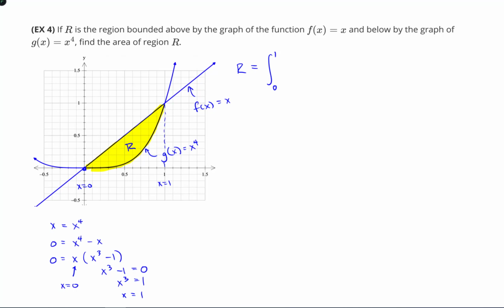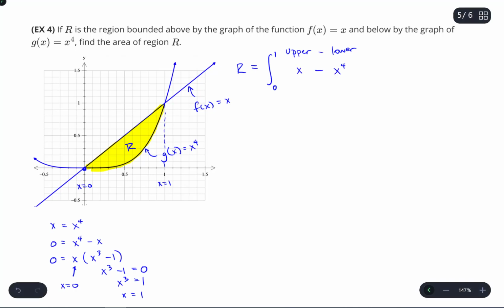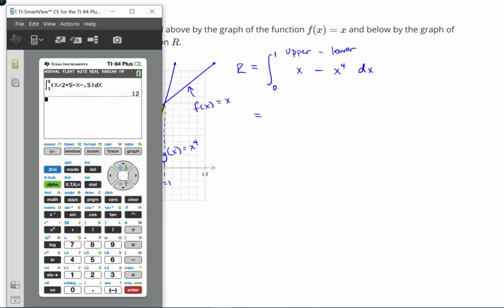All right, now I need to take the upper function minus the lower function and subtract. So the upper function is always x in this case. The lower function is always x to the fourth. All right, now, when I integrate, sometimes it's easier to use the calculator, sometimes it's actually easier to just simply integrate.